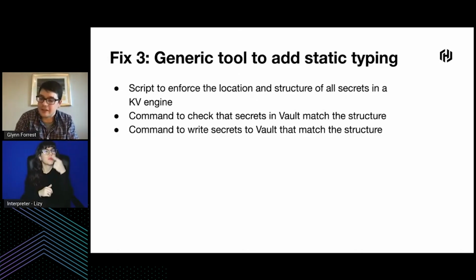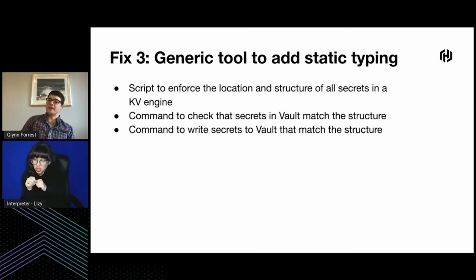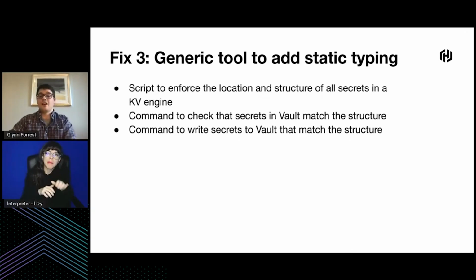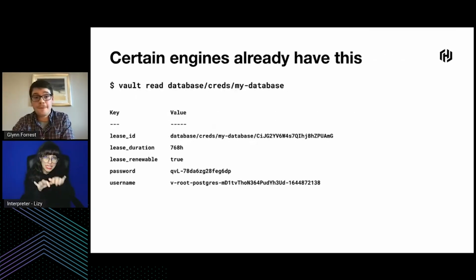We're looking for some kind of tool that's going to add static typing to all of our secrets in a key value secret engine. So we have a command that could check that secrets inside of Vault already are matching the structure, but it might be nice for Bob to also have a command to safely write secrets, to make sure that new secrets going in are in the correct structure as well.